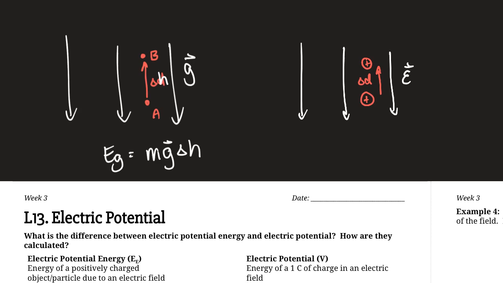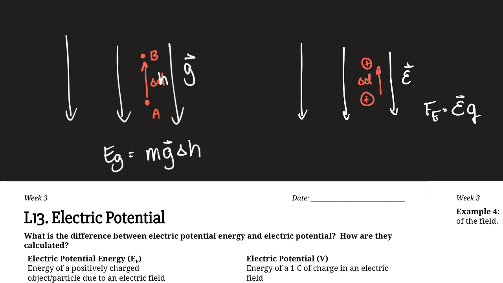So we would call this a distance that we need to apply a certain force over. In a gravitational field, the force that we're applying is m times g, mass times the gravitational field strength. And in an electric field, we're going to apply the electric force, which is going to be the field strength times the charge. We apply it over some distance.